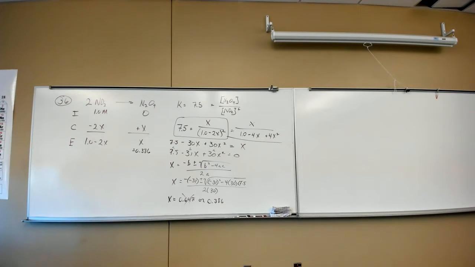Number 28. I think we did this one on the board already. Maybe we did. Yeah, 26. Oh, okay, so let's do 28 and then extend that to calculating the Kp.